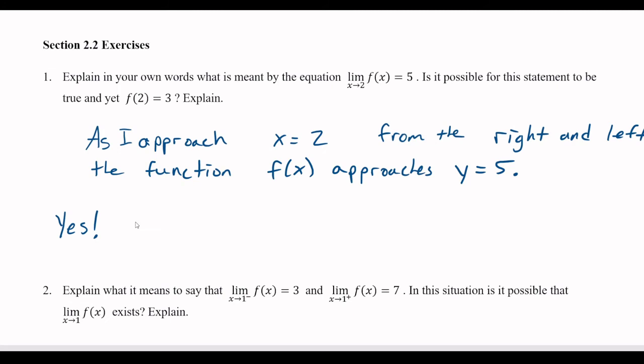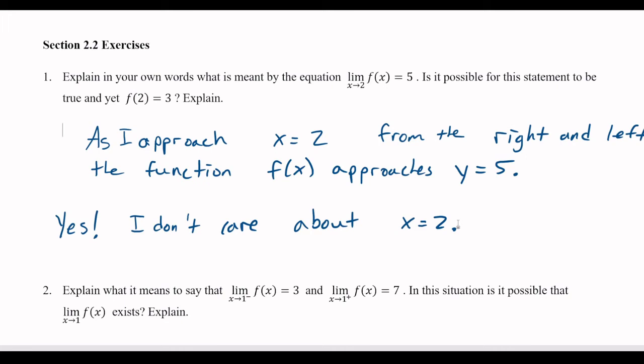I'd said above, I don't care about x equals 2. Remember, I'm doing the limit as I approach 2. I don't care what happens at 2. It does not matter for the limit. So we can have that the function equals 5 there, and the limit and the function agree.